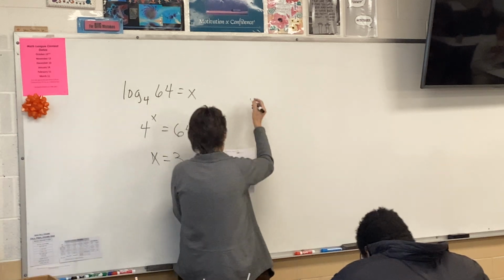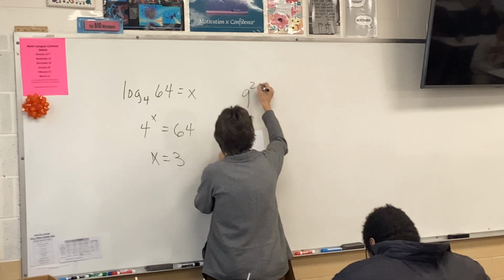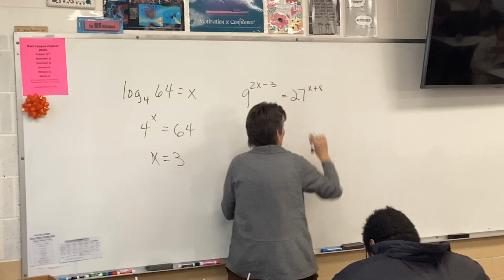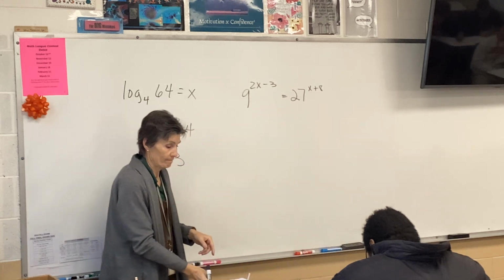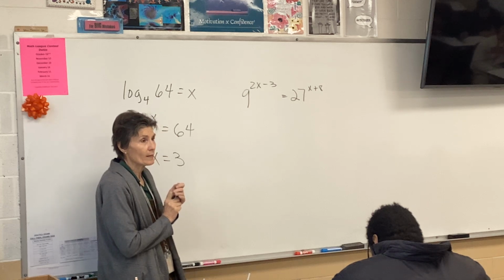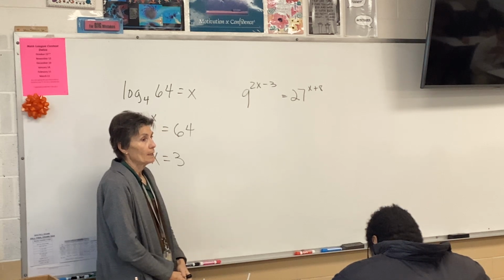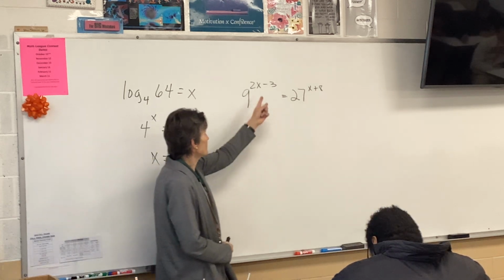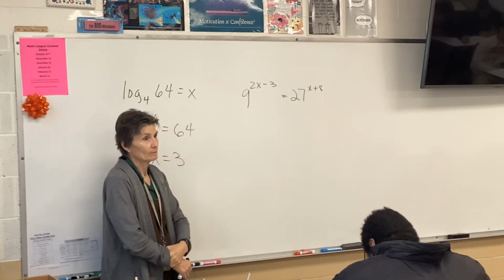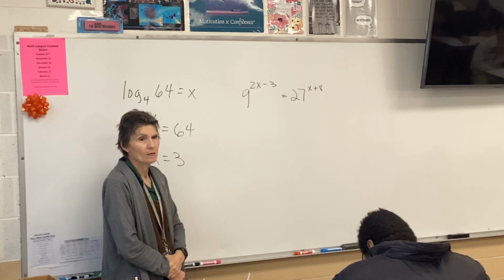All right, number 2. Remember, it's no calculator. So I've kind of programmed you that when you see an x up here to use logarithms, but not without a calculator, right? We can't do that without a calculator. So what do we do instead? We're going to get the same thing.